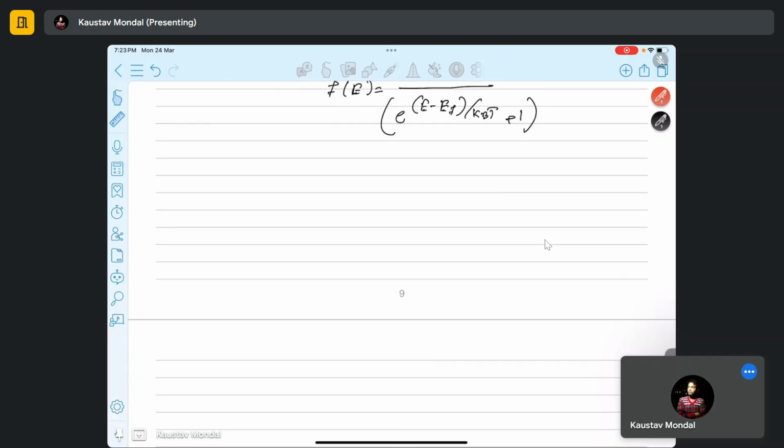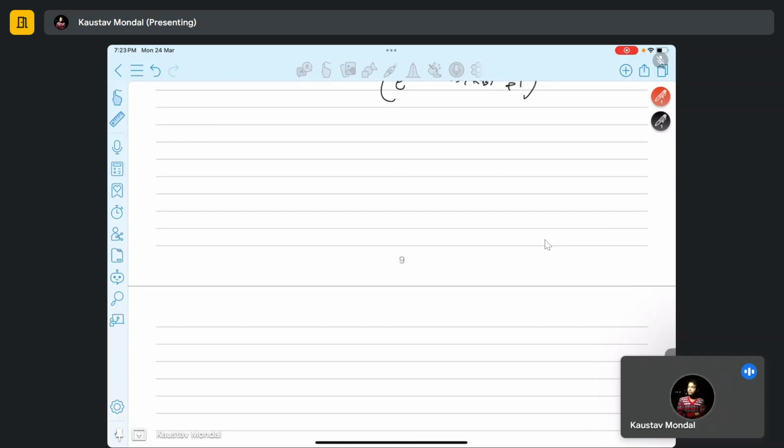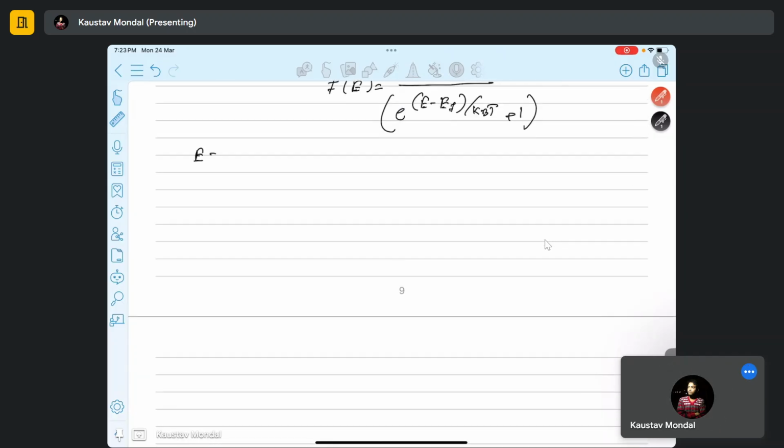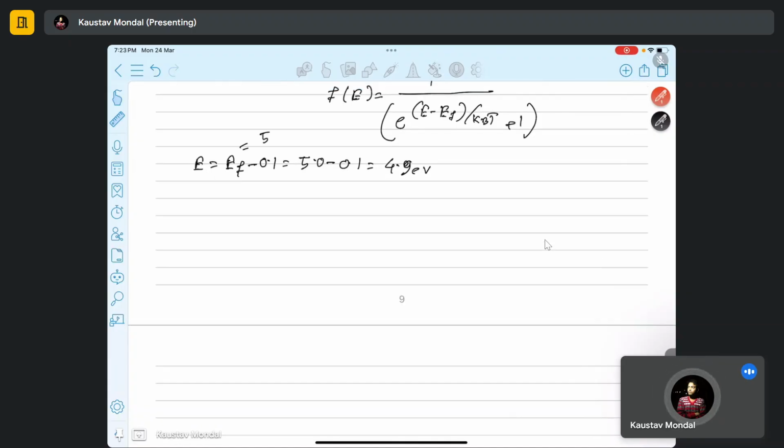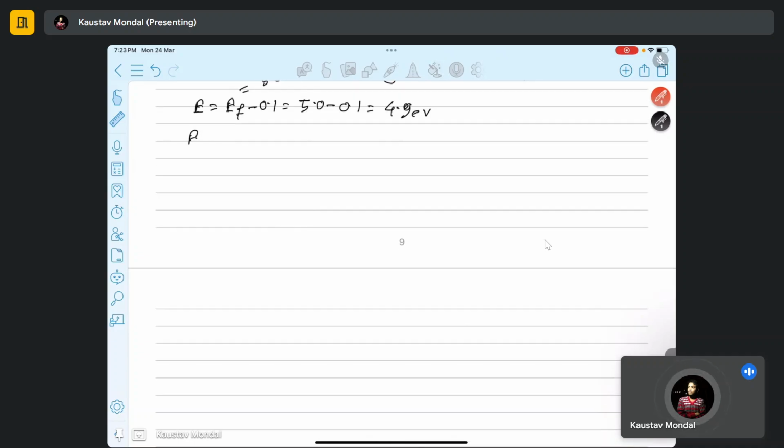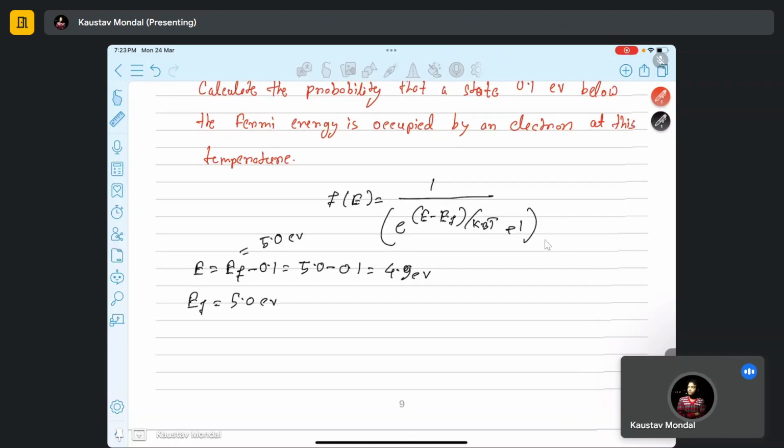Now here E is EF minus 0.1, that gives us 5.0 minus 0.1, that is 4.9 electron volt, because EF is 5.0.